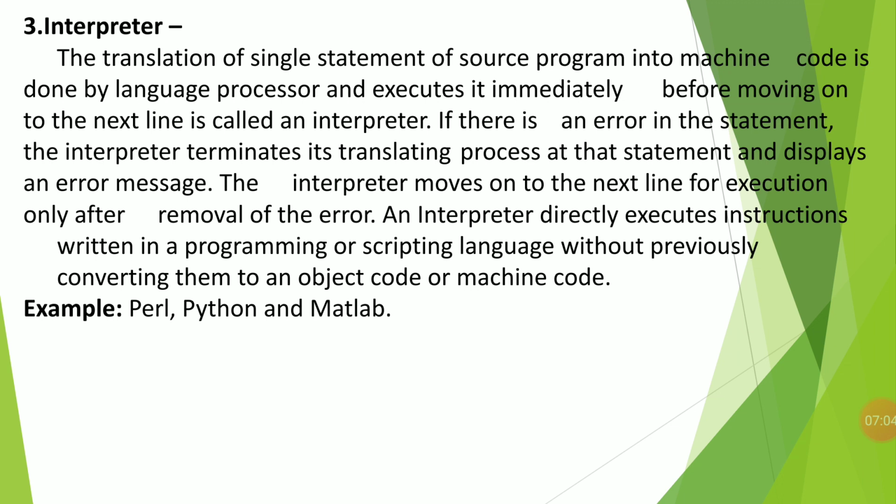As I told you, the interpreter converts or checks the program line by line, so if the interpreter finds any error or mistake in any line, then it stops the execution until that error is rectified. The interpreter is needed in memory along with the program for its execution.